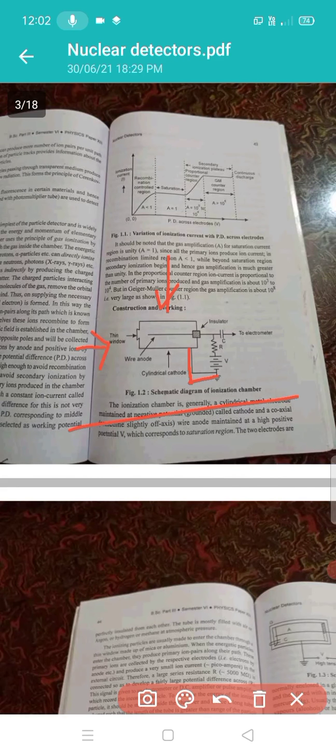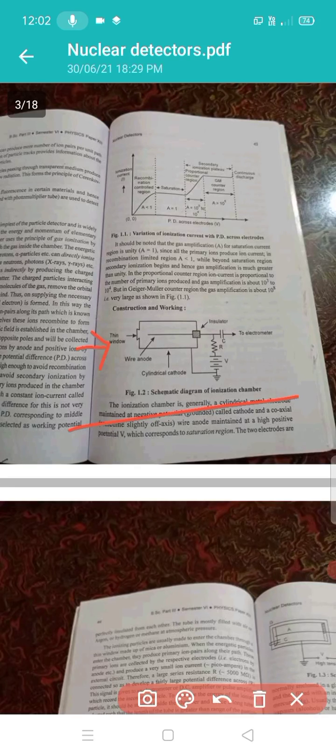The two electrodes are perfectly insulated from each other by using an insulator. The tube is mostly filled with air or argon, at 1 atmospheric pressure.